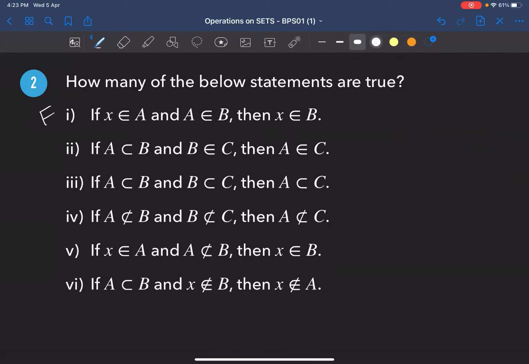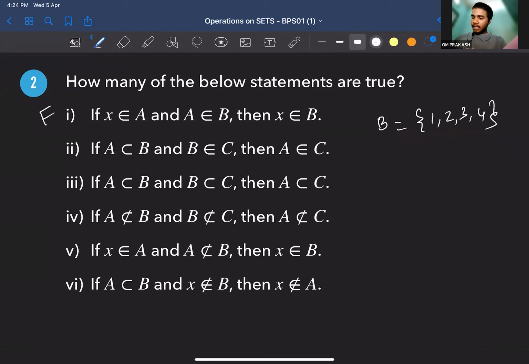Okay, what is your B? You're saying 1, 2, 3, 4, sir. So B is 1, 2, 3, 4, and A is 1, 2, 3. So A is a subset of B.